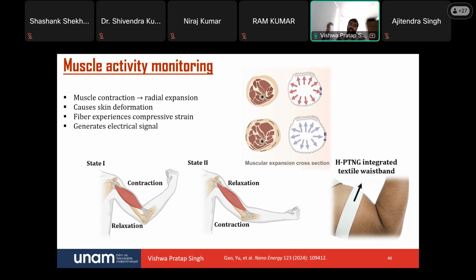We will also put that device on them, and we will collect the data, and then the electronic system that is working there will compare this with the healthy person's data, and then it can easily track what is the issue with your arm or with your contraction and relaxation. Do you have any muscle issue or not? That's the purpose we can use it for.